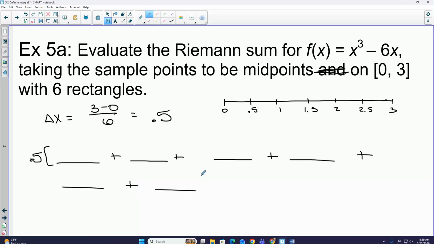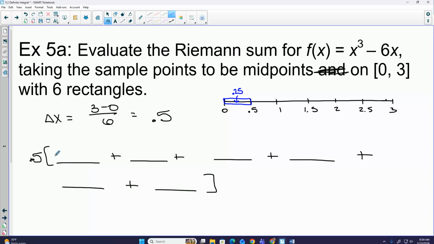All right, if I were doing a left-hand sum, what would be the first number I plugged in? 0. If I were doing a right-hand sum, what would be the first number I plugged in? 0.5. For the midpoint, we have to say, I want the middle of this. So what's in between 0 and 0.5? So the first x I plug in is 0.25.